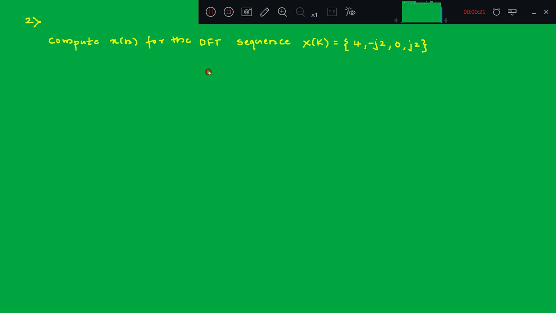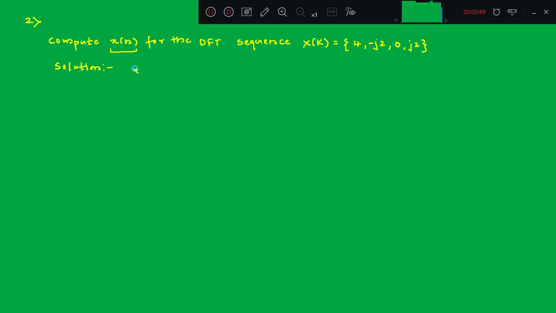So this example is somewhat exactly the reverse of the previous one which we discussed. Here the output DFT sequence x of k is given and they ask you to compute x of n, which is the IDFT sequence x of n, right? So now let us see the solution for this problem statement.